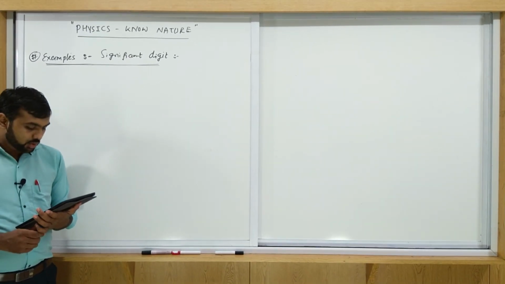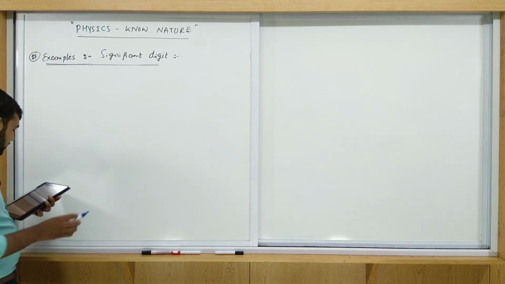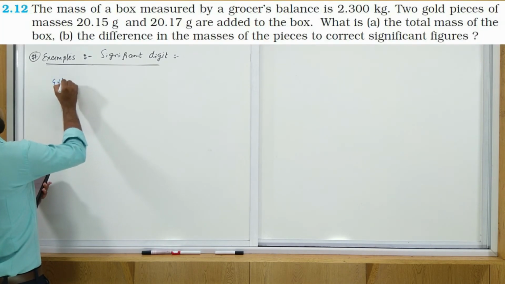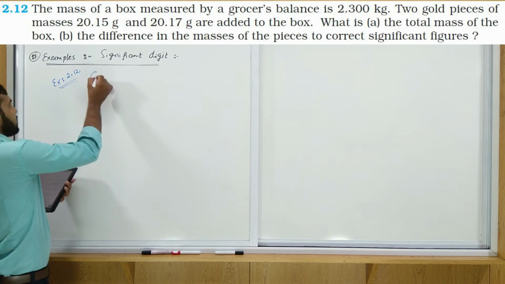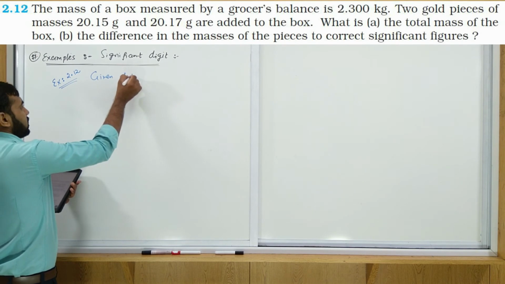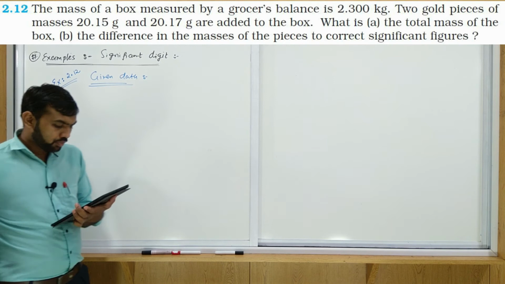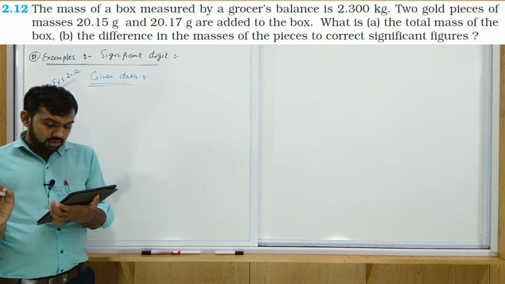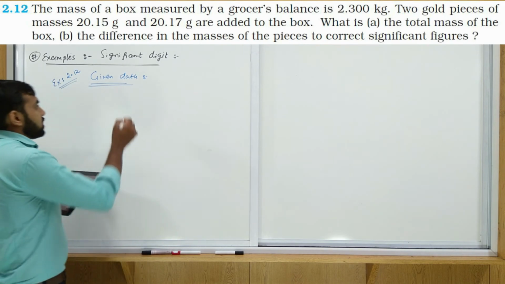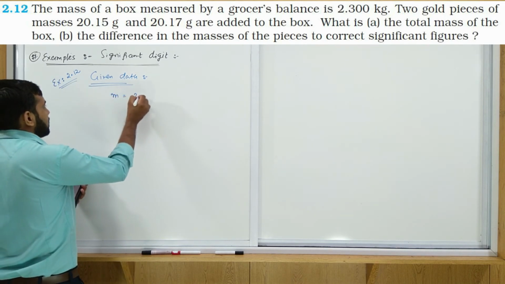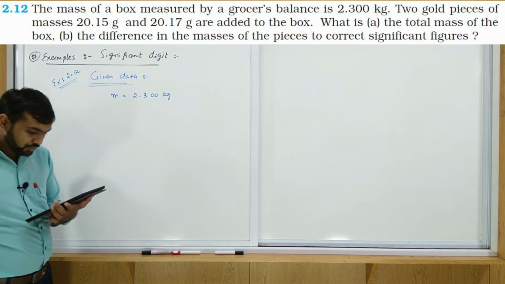Okay guys, let us come to solve the next example from the exercise. Example number 2.12. Let's write the given data first. What is this problem statement? The mass of a box measured by the grocer's balance is 2.300 kg. So mass of a box is equal to 2.300 kg.